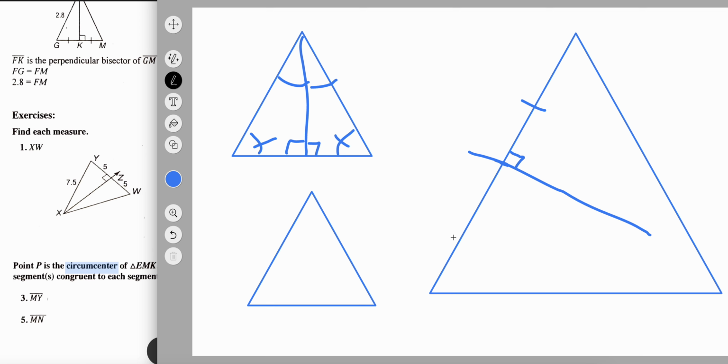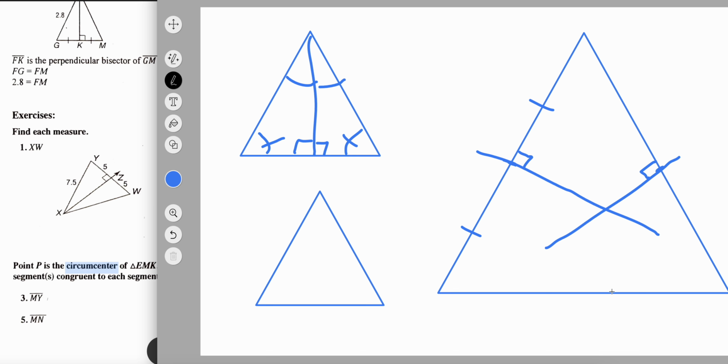And let's say that this side is congruent to this side. And then we have the perpendicular bisector of this line over here. So I'm just going to eyeball the middle right about there. And I'm going to draw a line perpendicular to that line. And then lastly, we're going to look at this line down here. I'm going to eyeball the middle to be right about here, and draw the line perpendicular to that line.